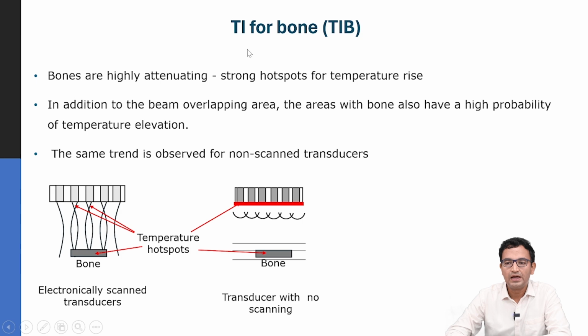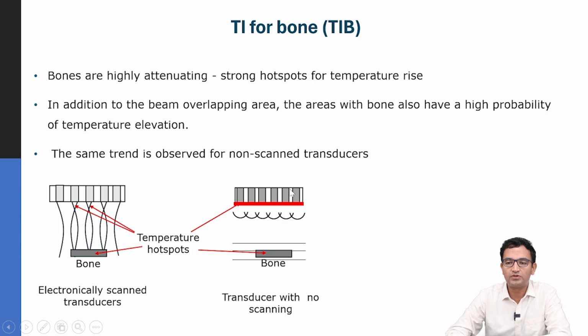Now let us discuss the TI for bone, which is also known as TIB. So we know that bones are highly attenuating, and the majority of this attenuation is contributed by absorption. Now these bones create strong hotspots for temperature rise, and when we look at a similar configuration as the last slide, when you have bone in the imaging region of interest, in addition to the overlapping areas of the beam near the transducer surface, the maximum temperature elevation can be expected at the bone interface.